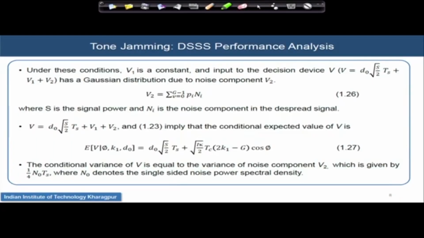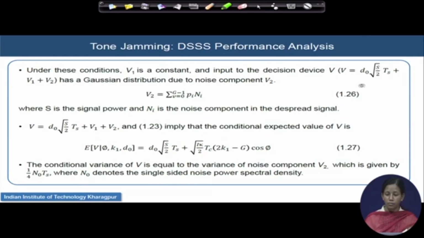If I go back and see the input condition of the decision device V, which is a combination of the contribution from the known sequence, its mean value, the mean value of V1, plus the mean value of V2, constituting the mean of this V, then we can see that this will have a Gaussian distribution, because this is almost deterministic, V1 is a constant, and V2 is additive, governed by the additive white Gaussian noise. So, a Gaussian process is associated with it, and definitely V will have a Gaussian distribution.